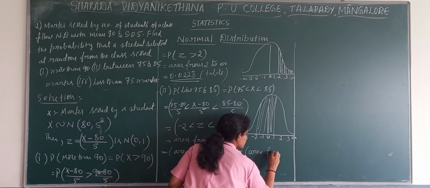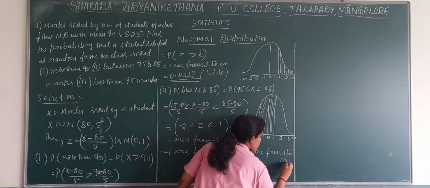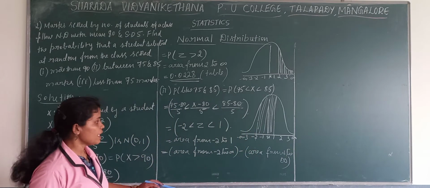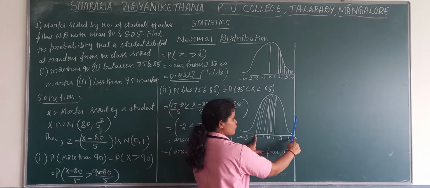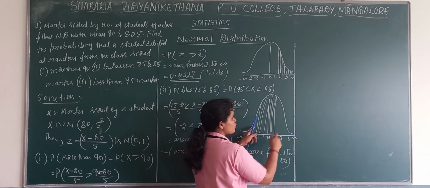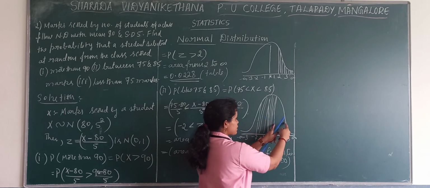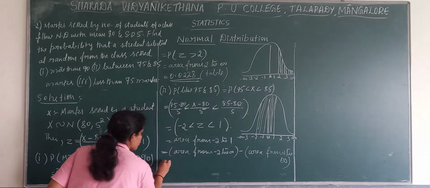Area from minus 2 to infinity, from that, if we deduct the area from 1 to infinity, what will remain? This area will remain.